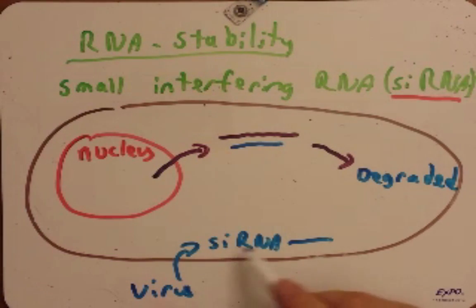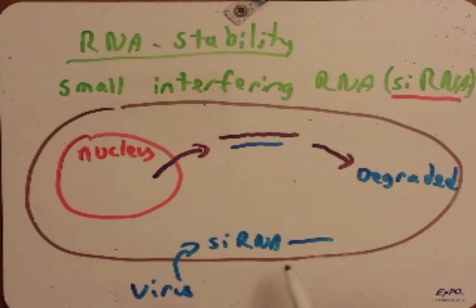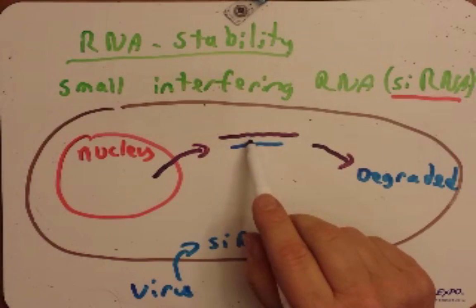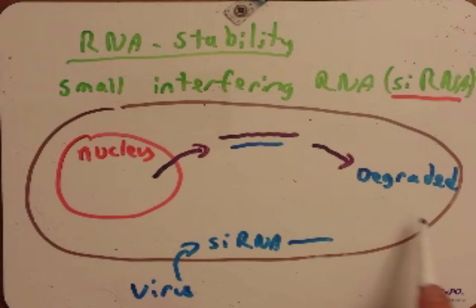So this small interfering RNA can come into the cell, bind with the messenger RNA, and then target it for destruction, and it's degraded.